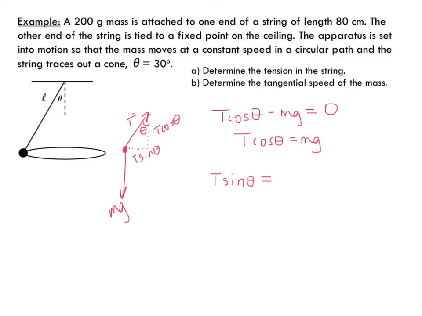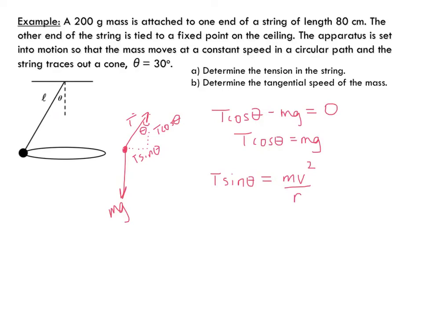Again, T sine theta is the sum of my forces in the centripetal direction. So it's equal to mv squared over r. So before we continue, what we're asked to solve for is my tension.